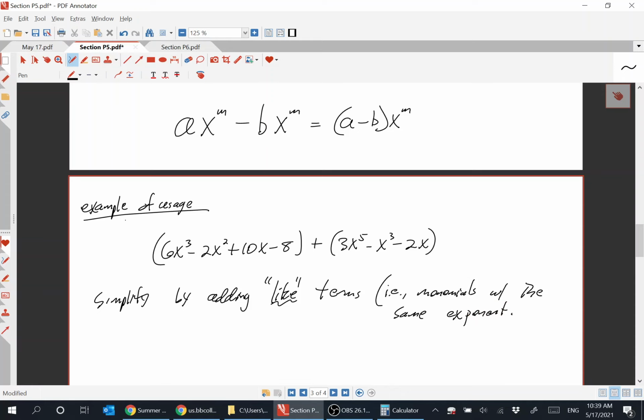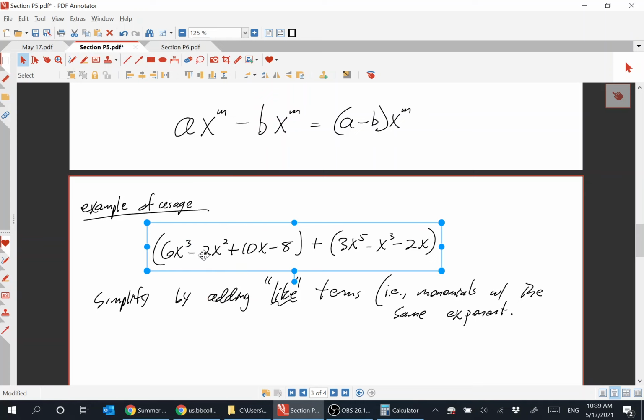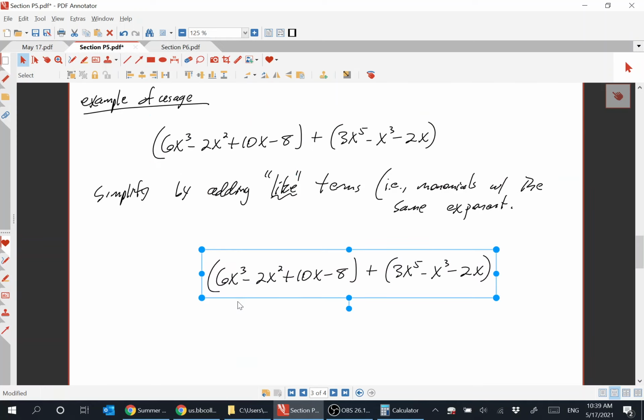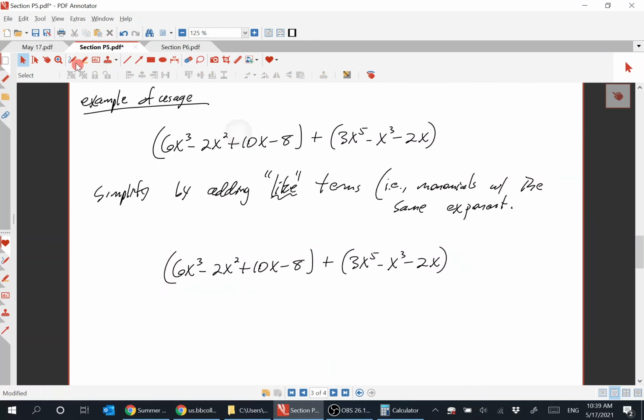Okay, well, here we go. So I have 6x to the third minus x to the third. So how many x to the thirds does that give me? 5x to the third.